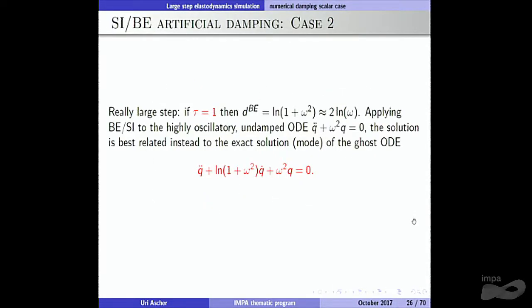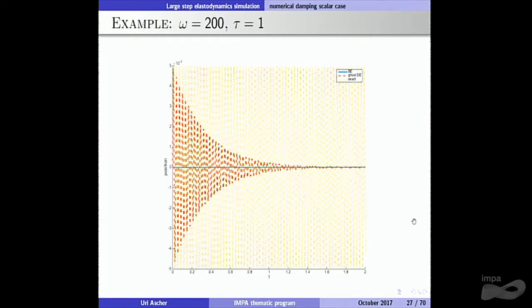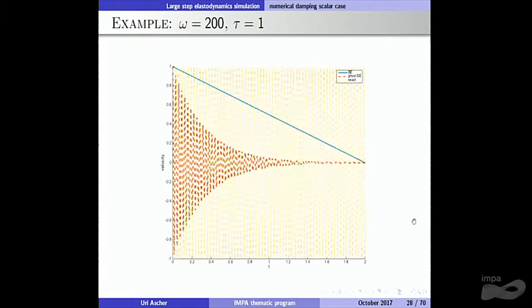Here we take high frequency compared to tau equal 1, the step size equal 1. So the exact solution does this, and the ghost differential equation solution is this pretty one here. And the backward Euler step gets you directly to where the damped one is.